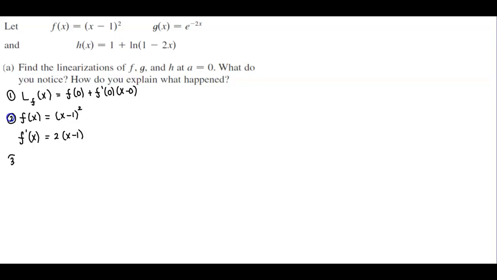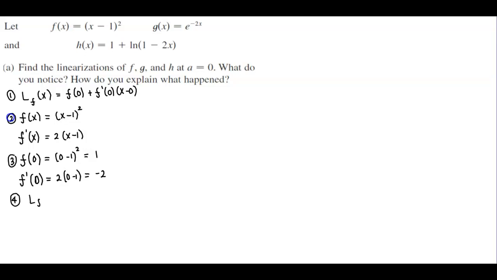And now we want to find out what is f of 0. Well, 0 minus 1 squared, negative 1 squared is positive 1. And then f prime of 0 is going to equal 2 times (0 minus 1), which is negative 2.